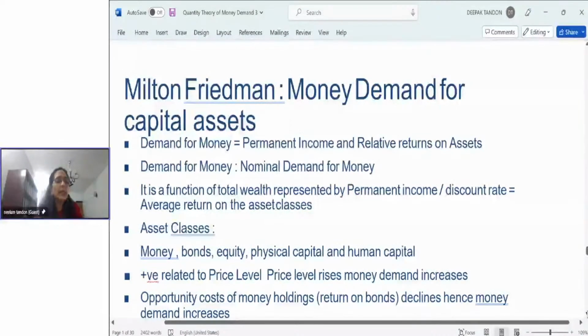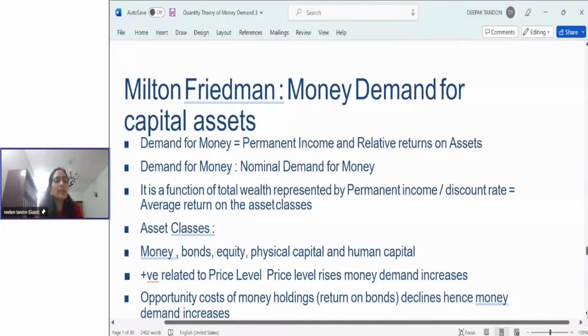Permanent income is the income which is not only what you get through a salary, but the income which you can get by investing. So if you invest, future expected returns is also part of your income. Future gains which you may gain by higher education, you may get a higher salary. So that is also your income. So he took care of permanent income. That is one variation from prior theories.